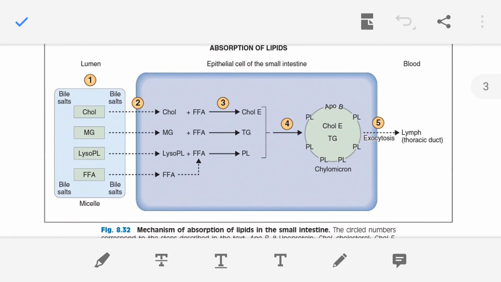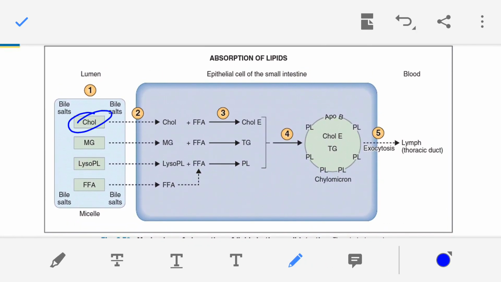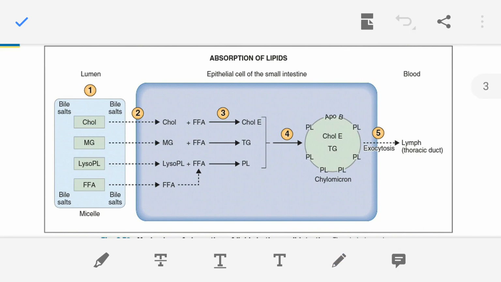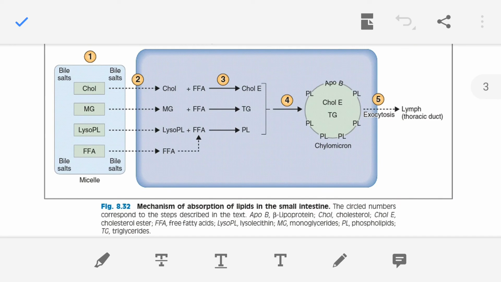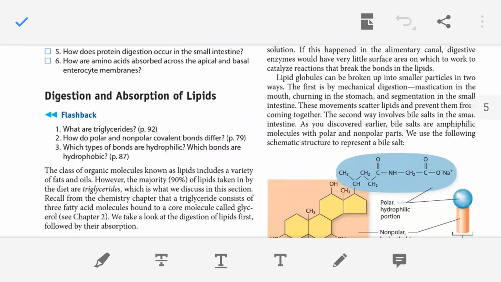Here you see what is happening. Cholesterol is entering into the enterocyte cell, monoglyceride is entering, then lecithin and free fatty acid, all these are entering into the enterocyte cell of the small intestine.